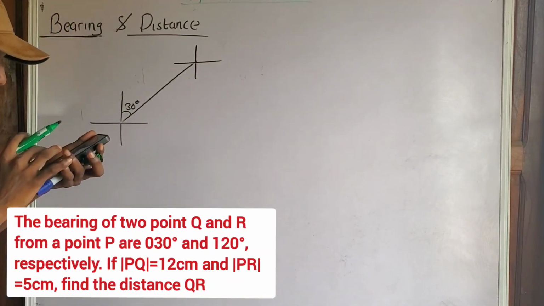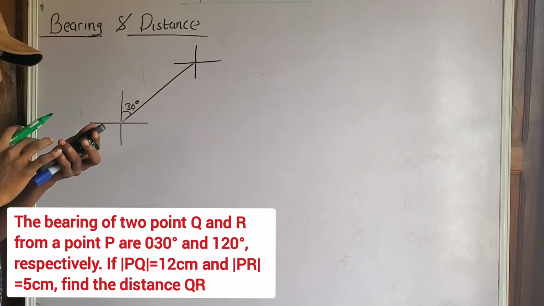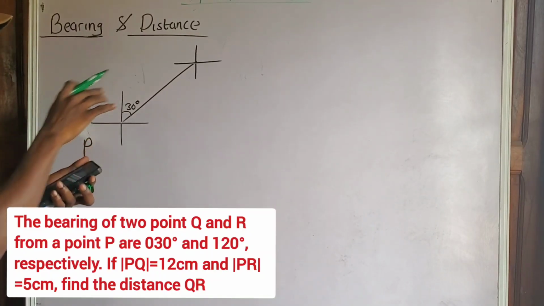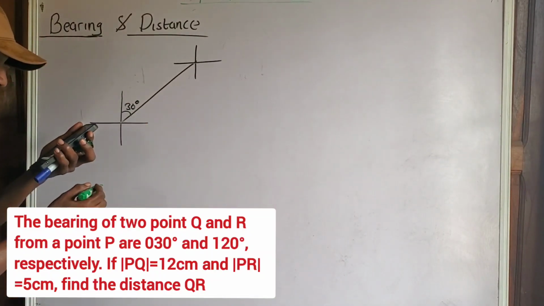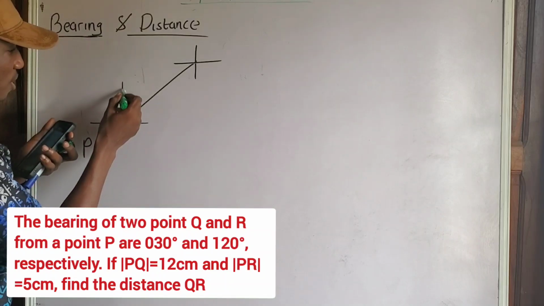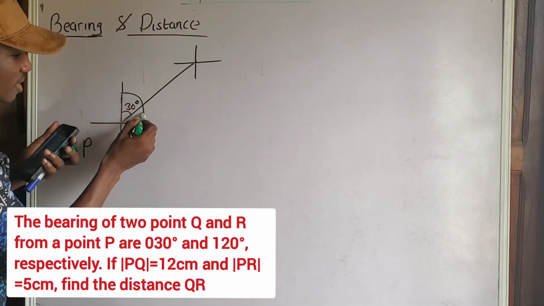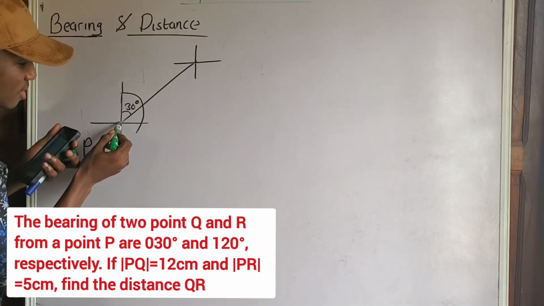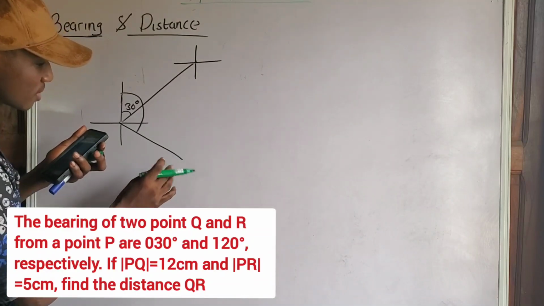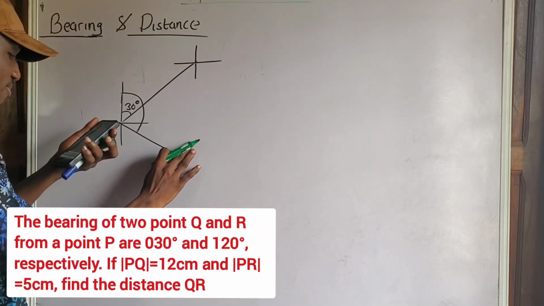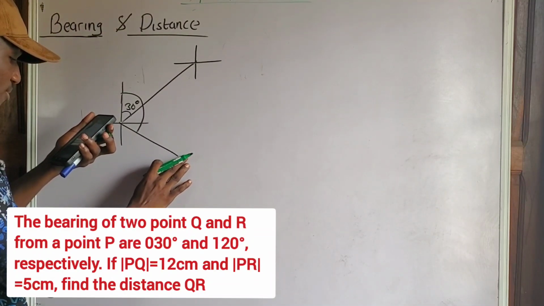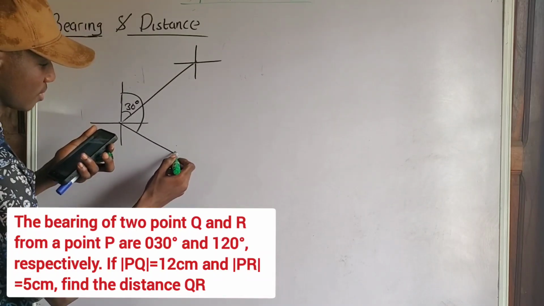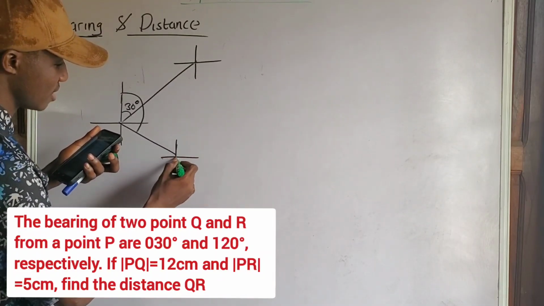and the bearing of R from P is 120 degrees. So 120 will be in the second quadrant around here. So we're going to have something like this. Do you understand?